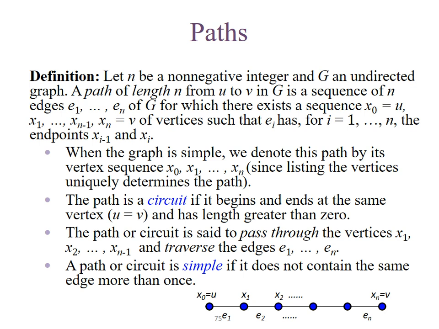But we may have another path, for example, x0 to travel e1, and so e1 is traveled twice. This is also a path, but it's not a simple path.